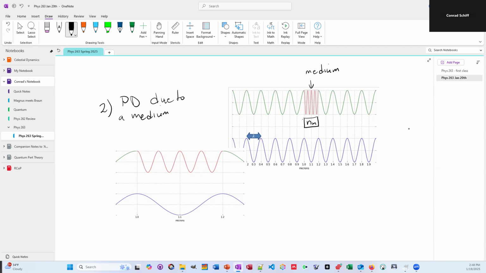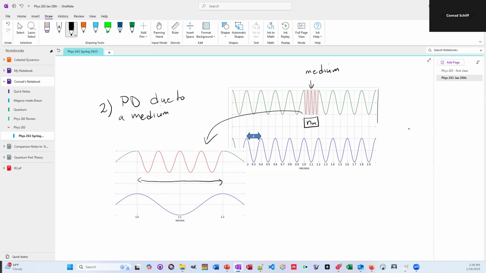If one zooms in on the section right where the slab is, this is the area where the medium is, then we can see that there's more wavelengths of green, now denoted by red, just to distinguish that it's inside the medium, than there are blue.